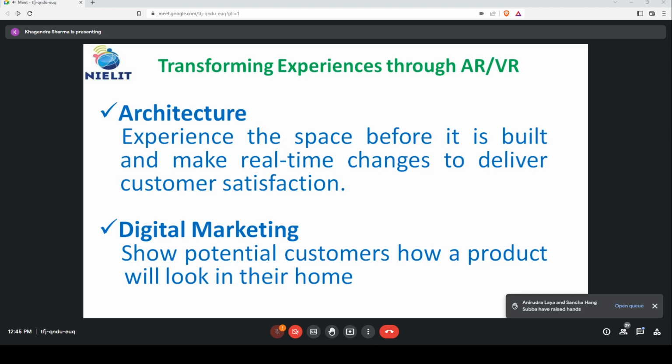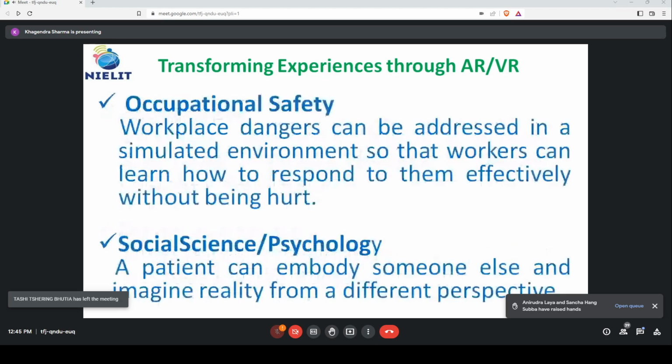Asian Paints, Nerolac, all of them have some sort of AR VR applications through which in any environment you can just try out the different shades of color and see how that environment looks. So that type of thing is available. You can try out a new set of furniture much before you buy and see how it looks in your real life room. So it can be used for digital marketing.